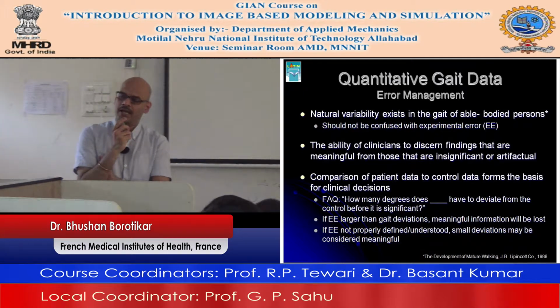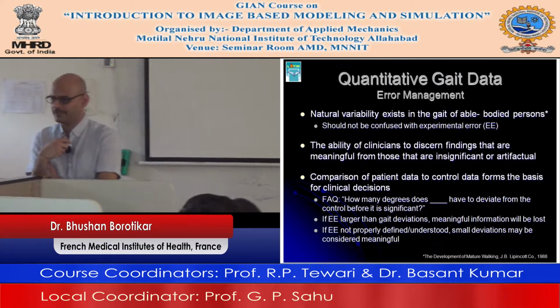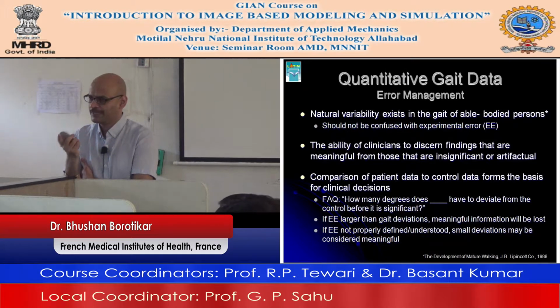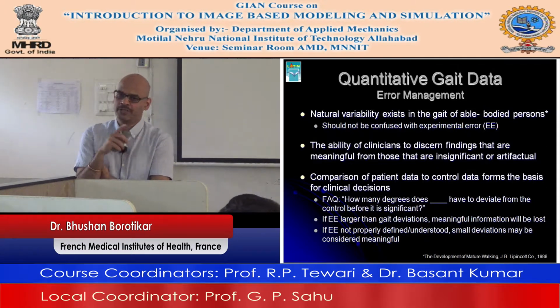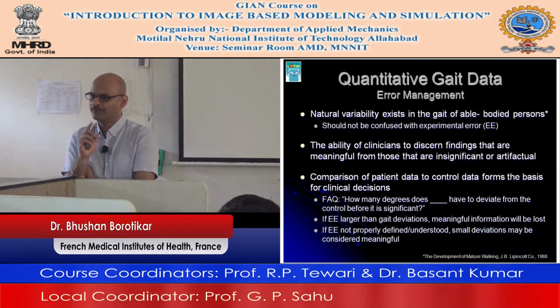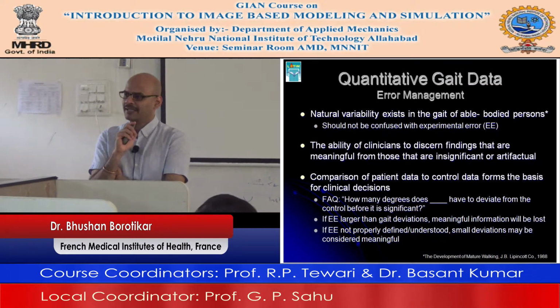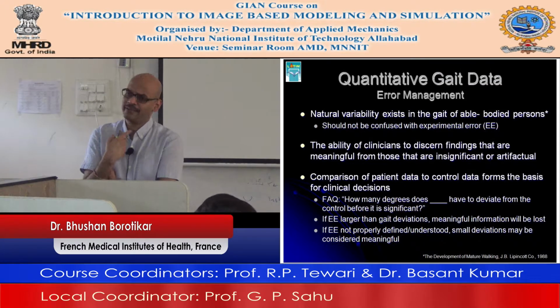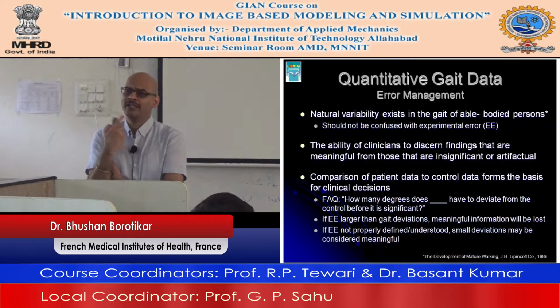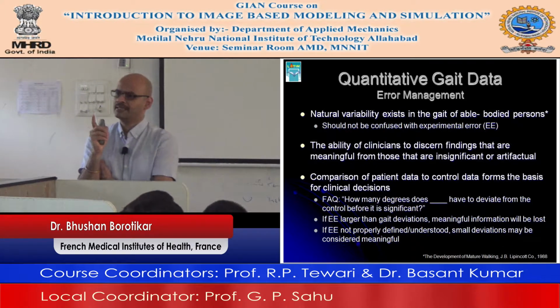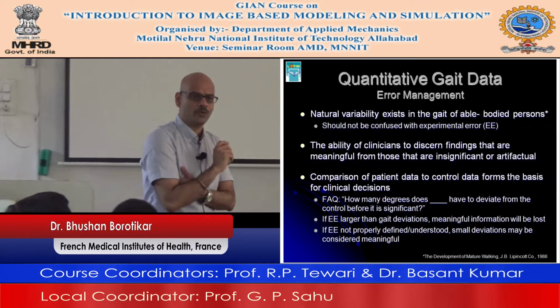That means within me I have variability. And if you take walking data in the morning and you find that there is a difference, that's not the error of the experiment, that's my internal variability. And you need to understand there is an internal variability in everybody's walking.